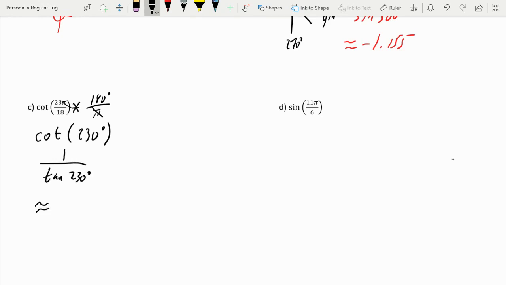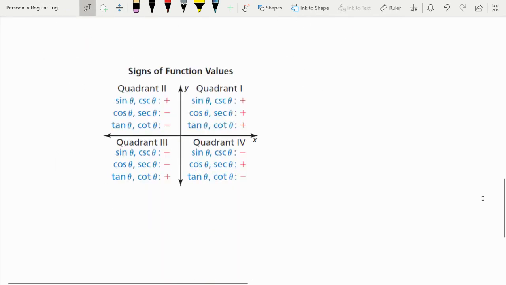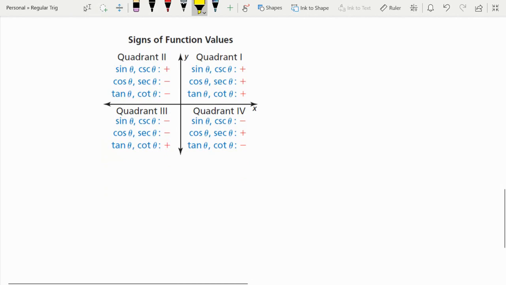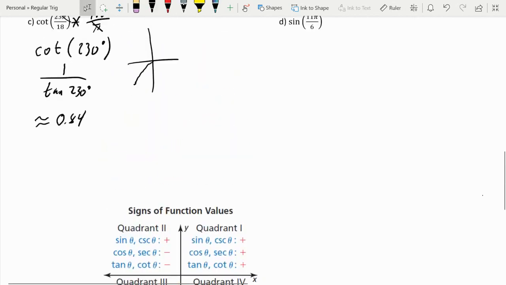And our approximate answer is going to be 0.84. Now, if we look at this, this is in what quadrant? This is in the third quadrant. Cotangent in the third quadrant, our answer has to be positive. Our calculator gave us a positive answer.